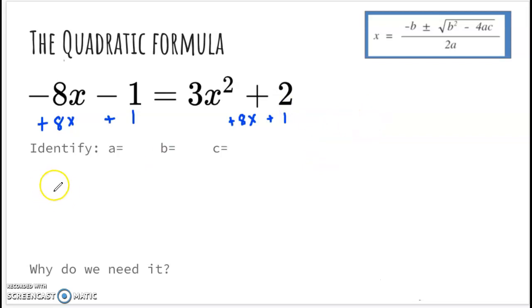So that's going to give me 0 is equal to 3x squared plus 8x plus 3, and I end up with an a value of 3, a b value of 8, and a c value of 3 to plug and chug through my quadratic formula, right?